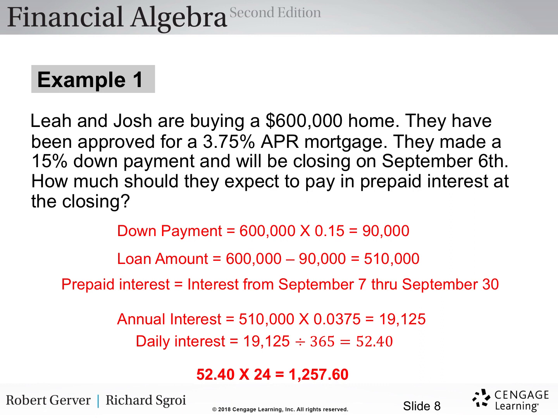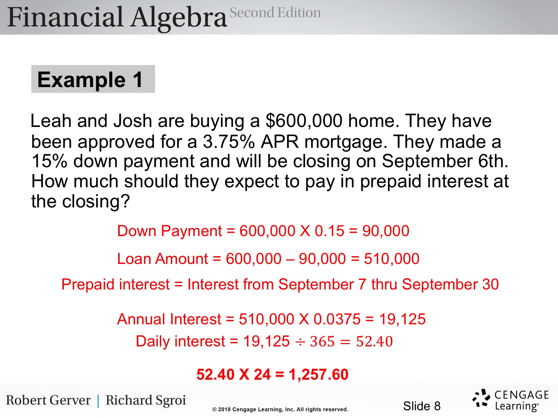Well, the annual interest, if you take the original amount of the loan, which is $510,000, and multiply it by 0.0375, you come out with the annual interest being $19,125 initially. Now, to take this one step further and find out the daily interest, you simply divide that by 365, since there's 365 days in a year.